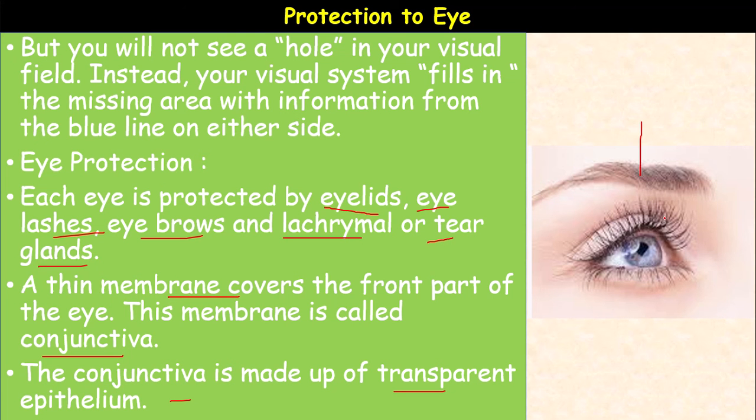This is the eyebrow, eyelash, eyelids, and a layer in front that is called the conjunctiva. Here is the region where the tear glands or lacrimal glands are present, which secrete a watery substance called lacrimal secretion or tears, which protects the eye. Always keep your eye moist.